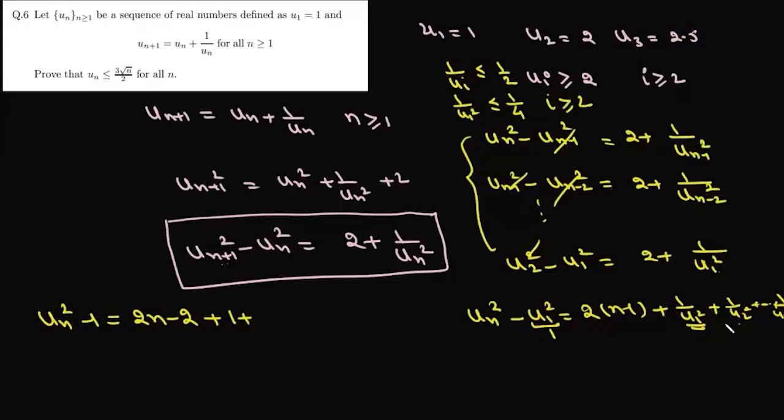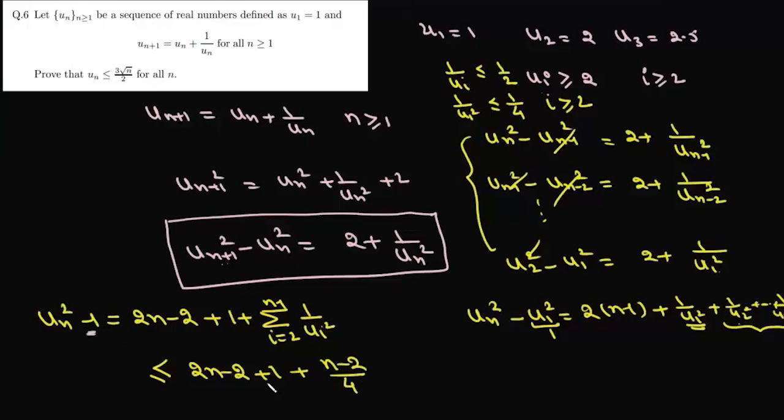So for all these terms from 2 to n minus 1, we can write this summation, i varies from 2 to n minus 1, 1 upon ui square, it will be less than or equal to, now this is 2n minus 2 plus 1, and plus, now this is 1 by 4, 1 by 4, 1 by 4, n minus 2 times. So it will be this n minus 2 by 4.